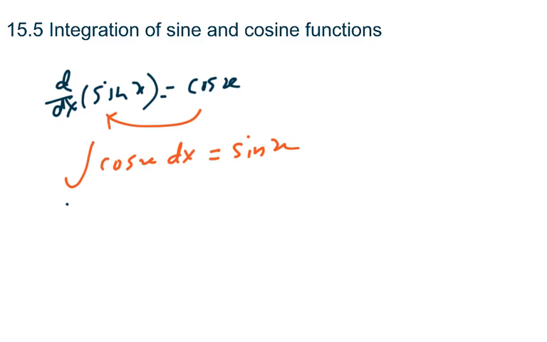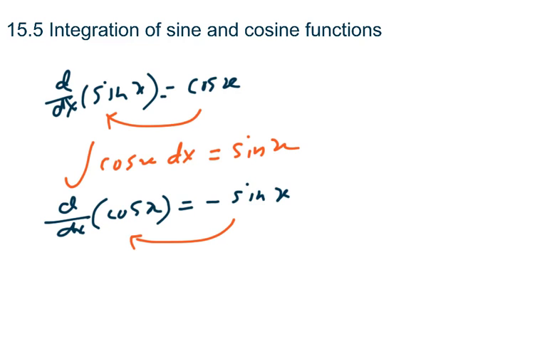Secondly, when we are differentiating cosine of x, it is giving us negative sine of x. In reverse, if we are integrating negative sine of x with respect to x, we are getting cosine of x.